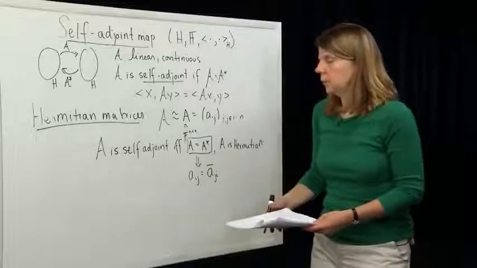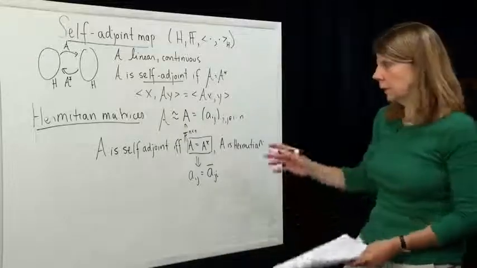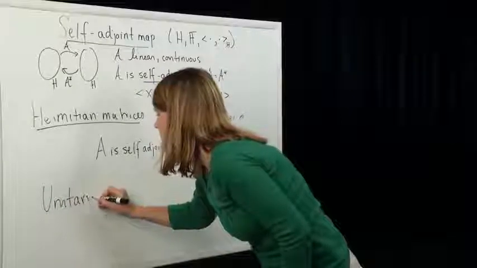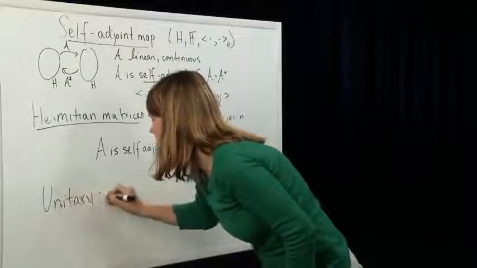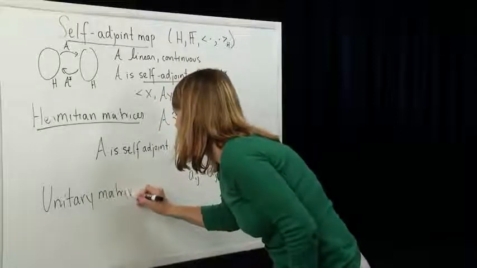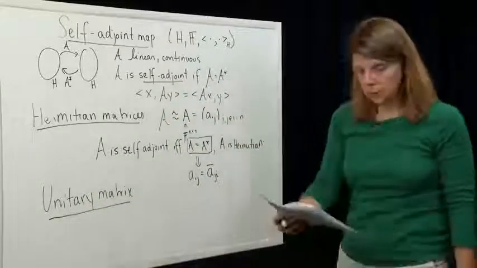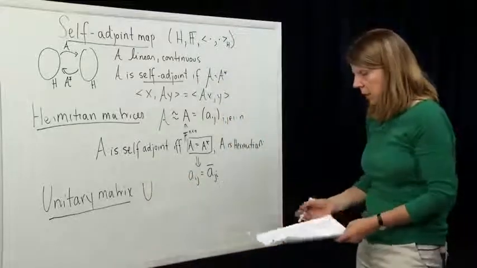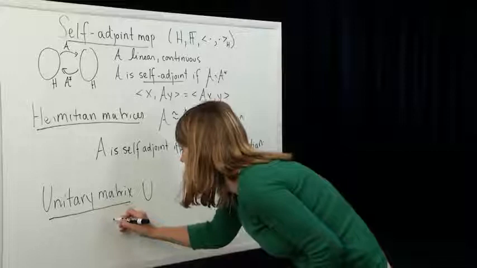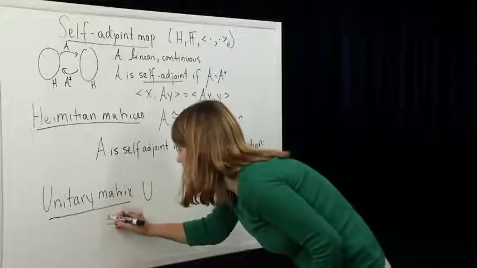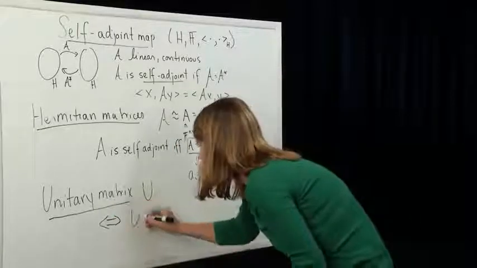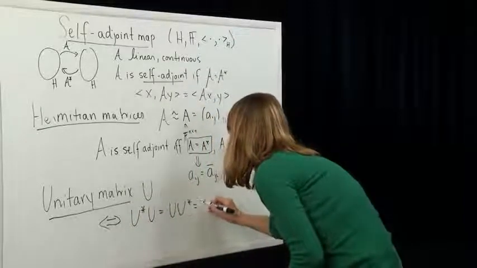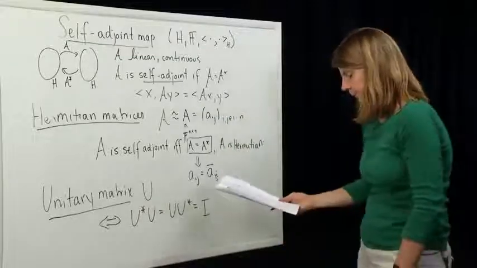Okay, so with that, we can do a couple of interesting things. We can go forward and think about, for example, what's a unitary matrix. A unitary matrix, we'll call it U. A matrix U is unitary if and only if U star U is equal to UU star is equal to the identity matrix.